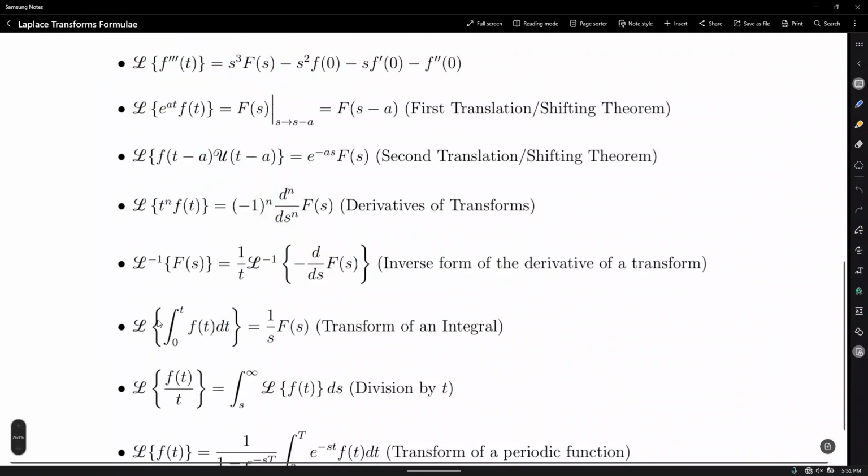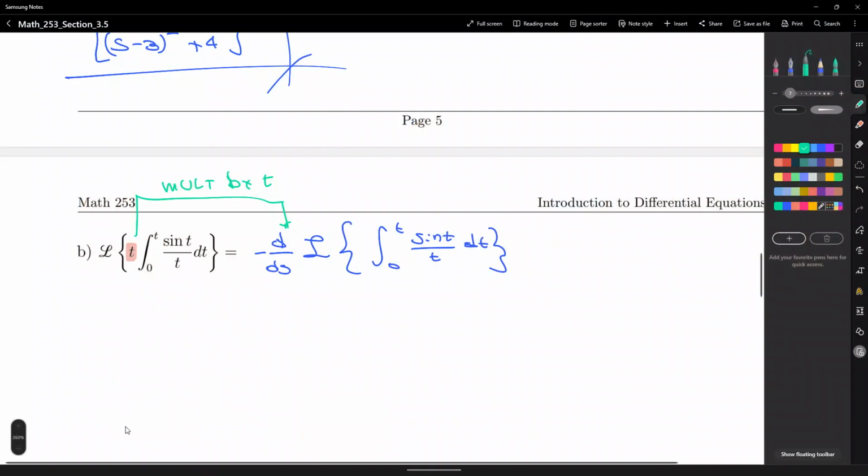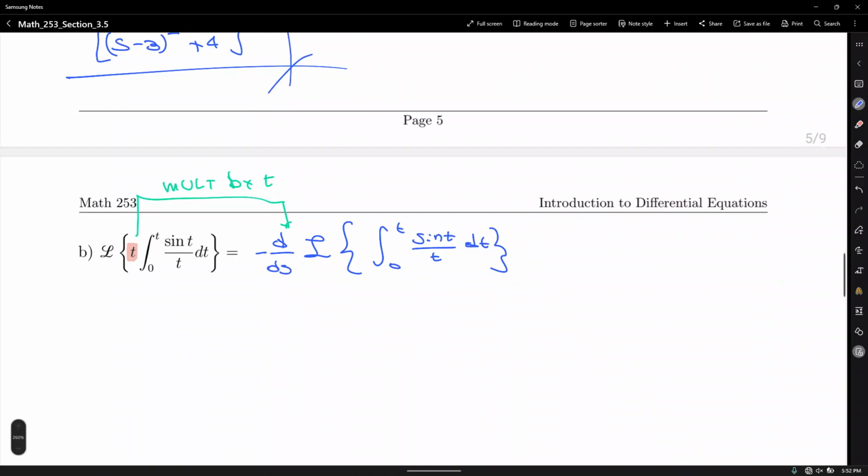That is this formula right here, which tells us to do 1 over s times the Laplace transform of the function in the integrand. That equals negative d/ds, keep it, times 1 over s times the Laplace transform of sine t over t.